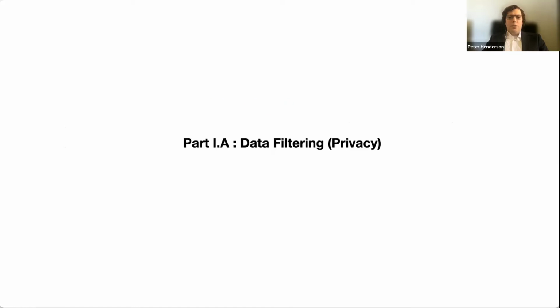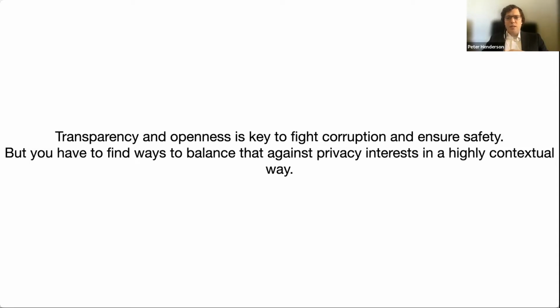When we think about norms, especially in terms of privacy and legal standards, you can think about courts, for example, having different sealing standards or pseudonymity standards. All those standards trade off the private information that is released and the potential harms from that versus the need for public transparency. Transparency and openness is key to fighting corruption and ensuring fairness, things like that.